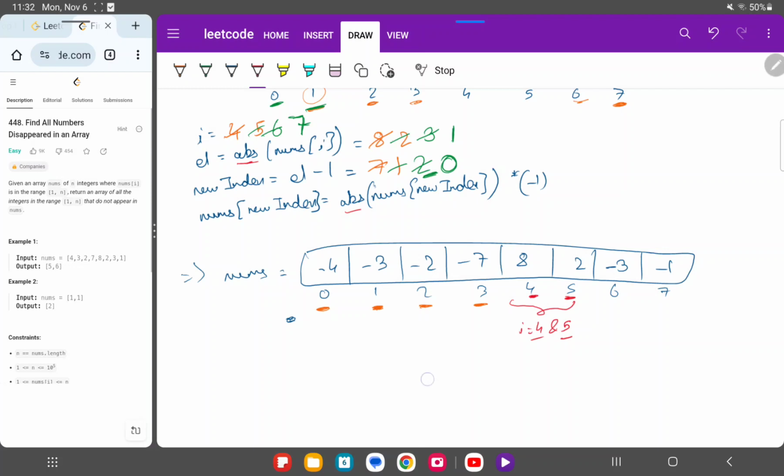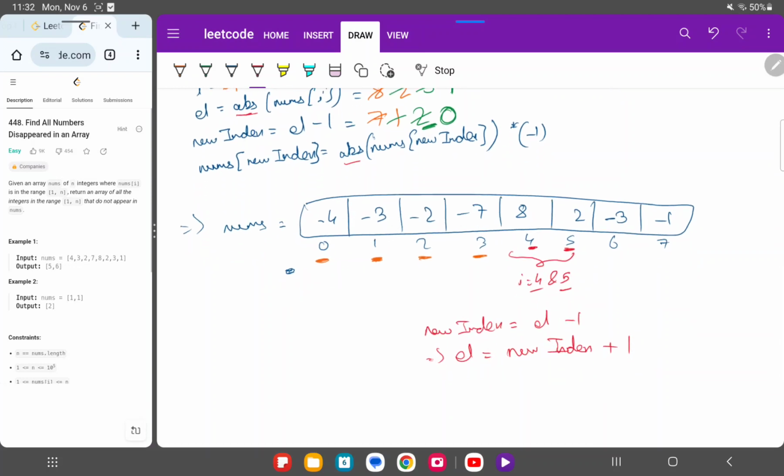Remember that we were always doing new index equals the element value minus 1. So the actual element would be new index plus 1. So since the indexes are 4 and 5, plus 1, the actual elements would be 5 and 6. So this is our answer for now.